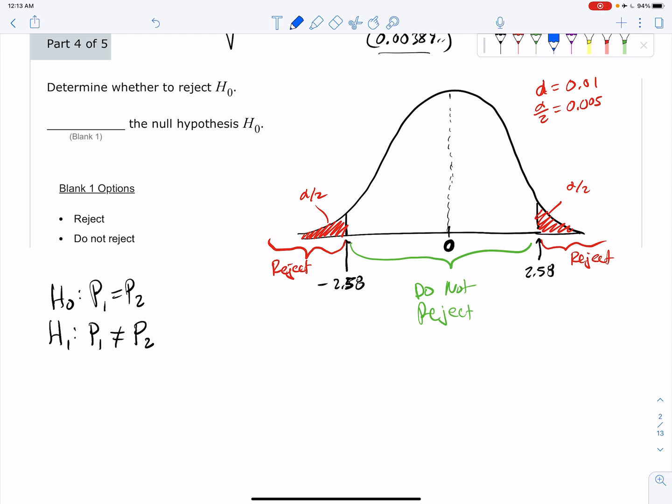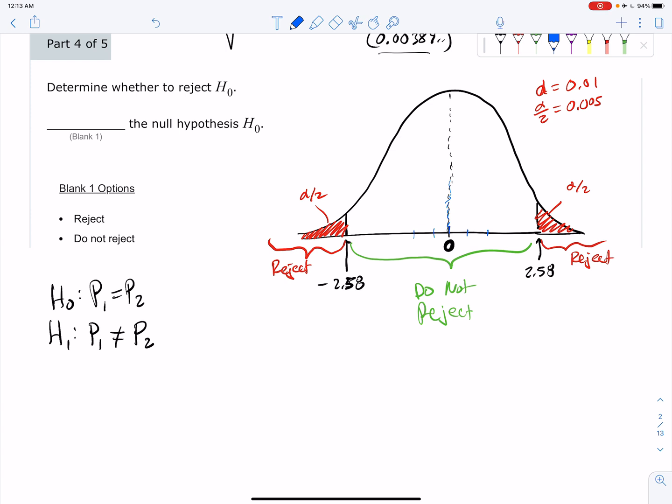We go out and sample, and just by chance, each sample is going to be a little bit different. Maybe one sample is right on the money, but it's going to be by chance, not exactly what the population is. So this is the difference of the population proportions, and we're assuming that they're the same, so the difference would be 0.